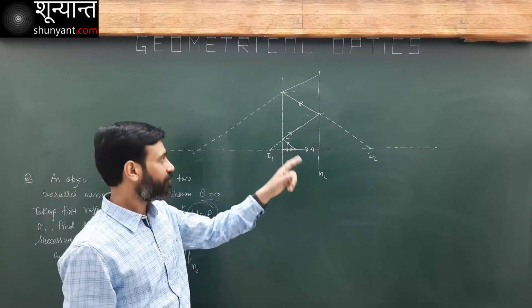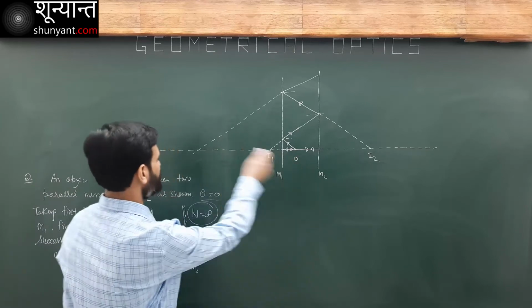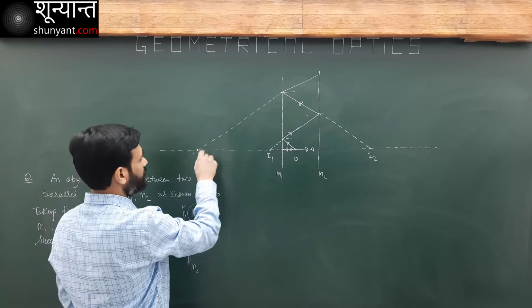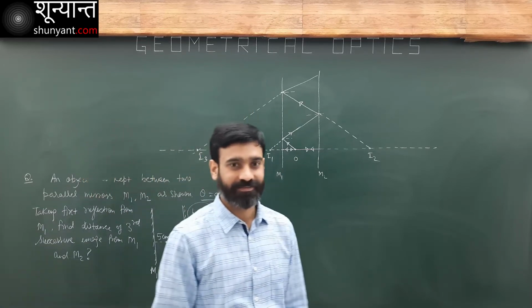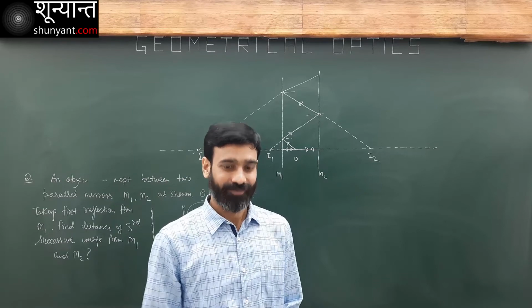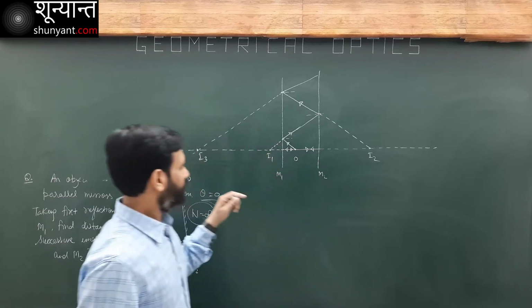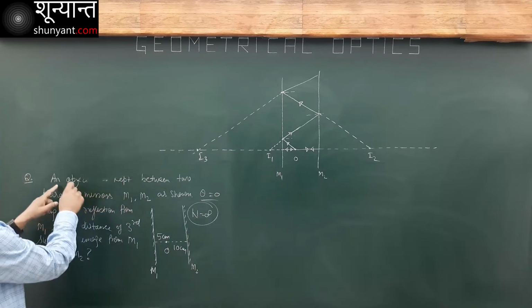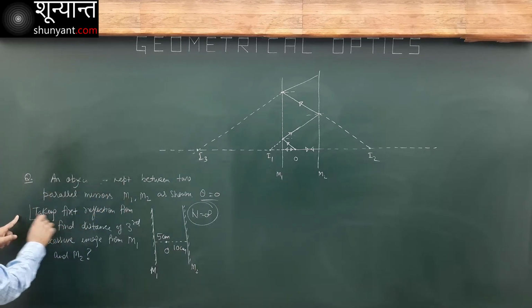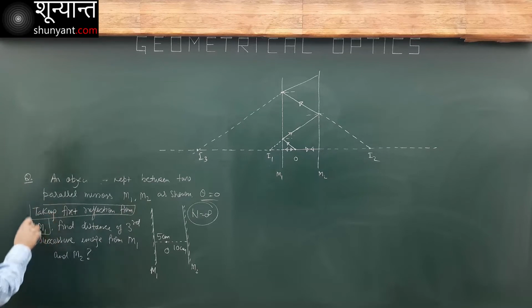All the images are going to be on this line only. So this becomes my I3. This process will continue, and I am going to get infinite images.